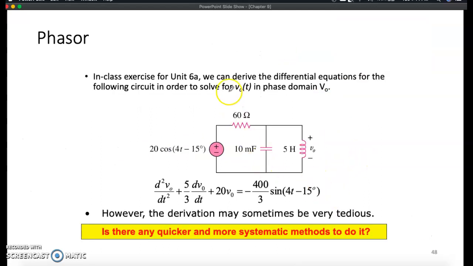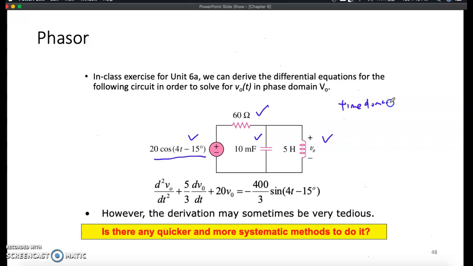Now we move to the circuit. If you look at this circuit, it has a source, an AC, cosine 40 minus 15, and then you have a resistor, an inductor, and a capacitor. Can you solve this one in the time domain?